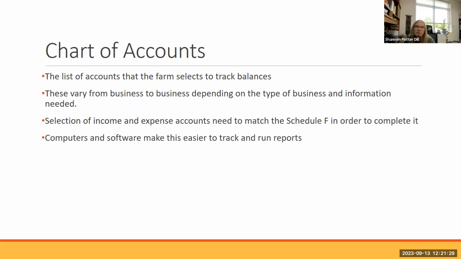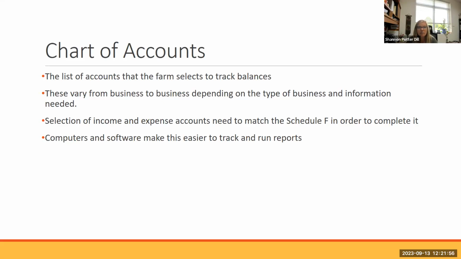An example is, I've seen recommended ones out there. A lot of software has recommended ones. Well, say I only do crop production. I don't do livestock. I'm not going to use veterinary expenses or feed because I'm only involved in crop production. So the chart of accounts is very customized for you and your business.